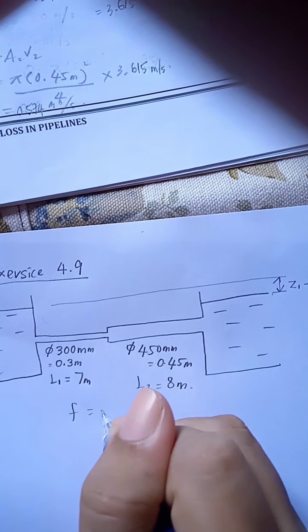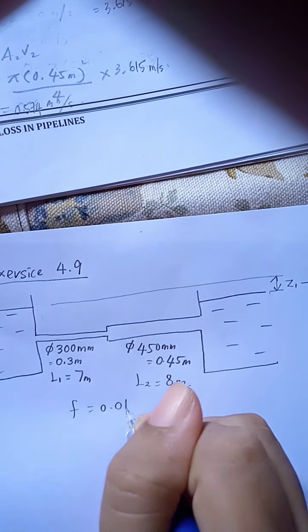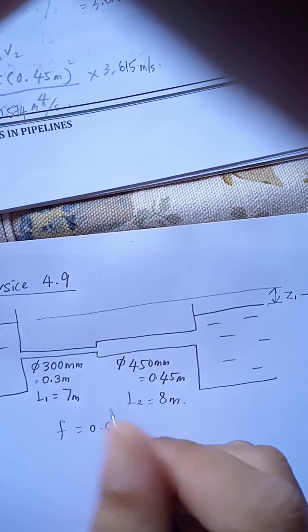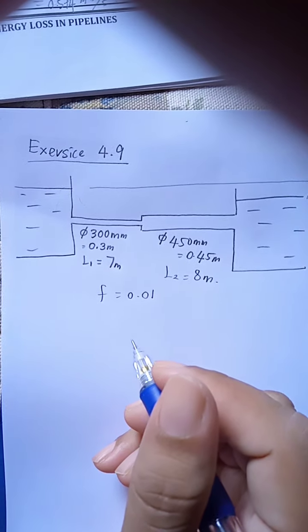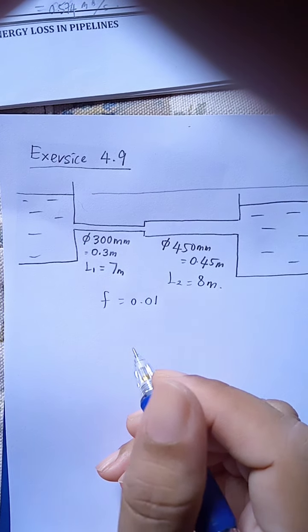Given f is equal to 0.01. First of all, write the Bernoulli equation.